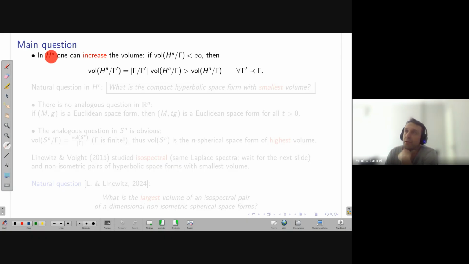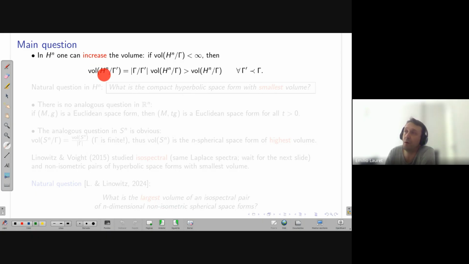Let's assume the hyperbolic space, n-dimensional space. You fix one with finite volume, okay? We said every hyperbolic space form is of this form, so let's assume that it's already written in this form, and you take a subgroup of this gamma. Since this gamma acts without fixed points, any subgroup gamma prime also does it.